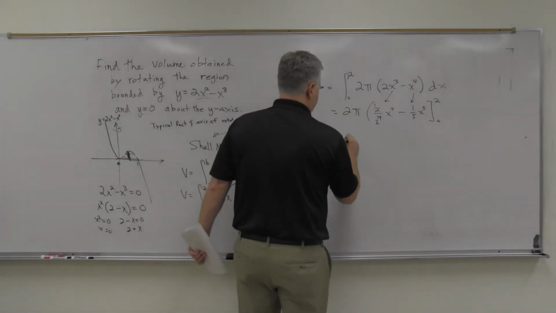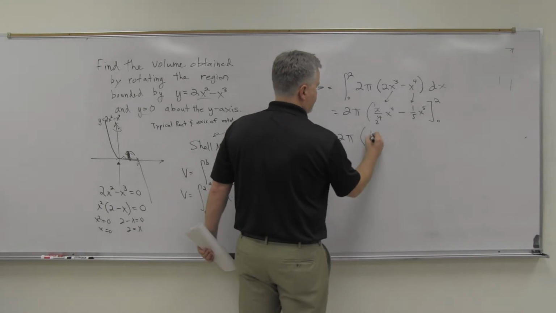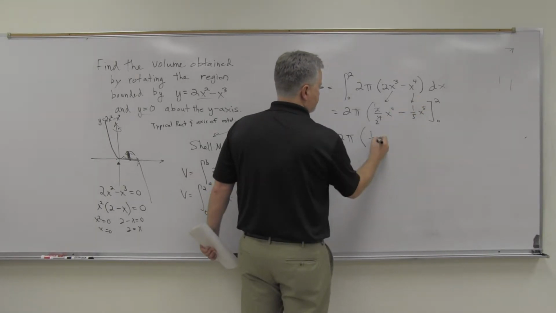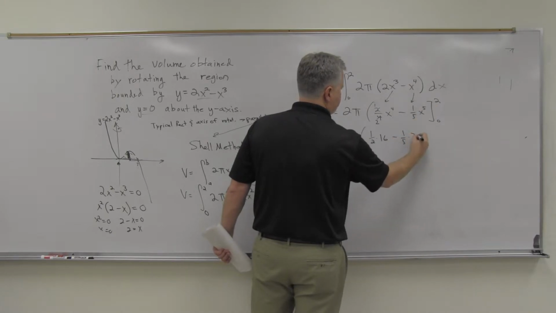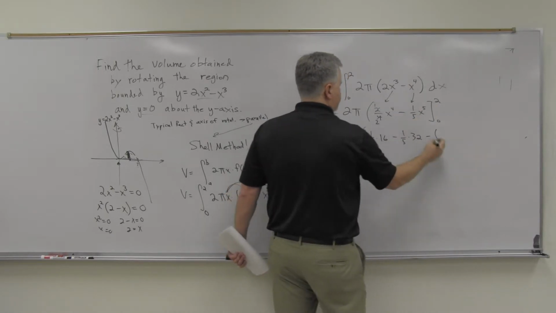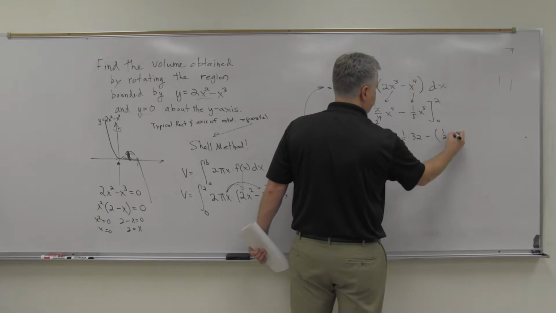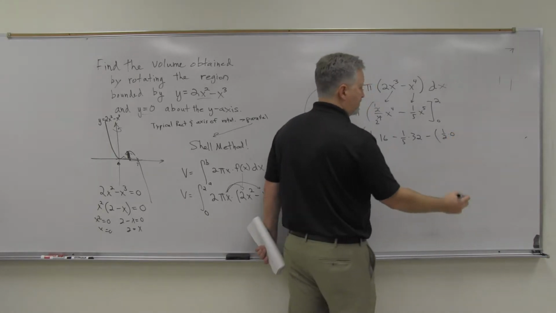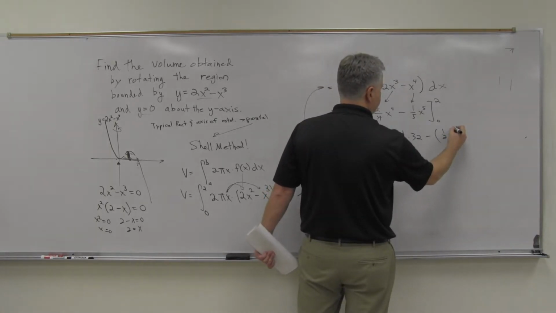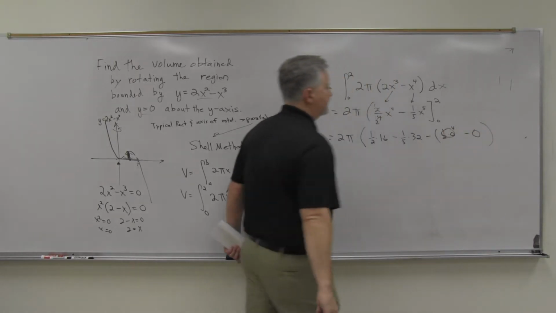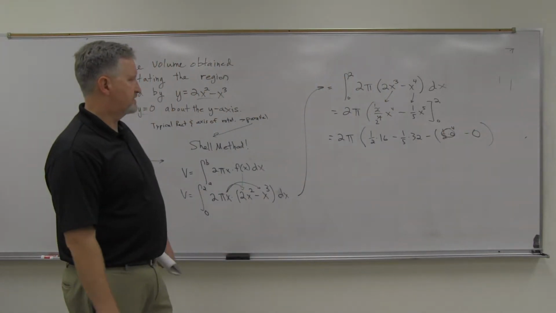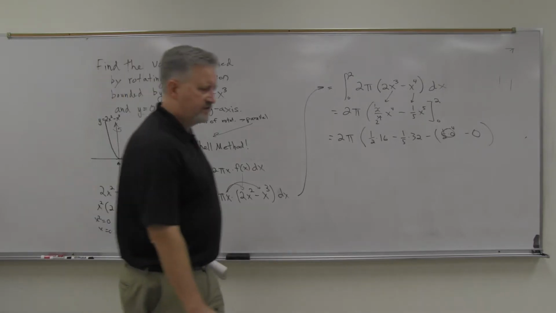That's 2 pi times 1/2, 2 to the 4th is 16, minus 1/5, 2 to the 5th is 32. Then plug in the 0. Most of the time 0 gives 0, but try to check. Sometimes it doesn't. Here that would be 0, and that would be 0. So it's 8 minus 32/5.